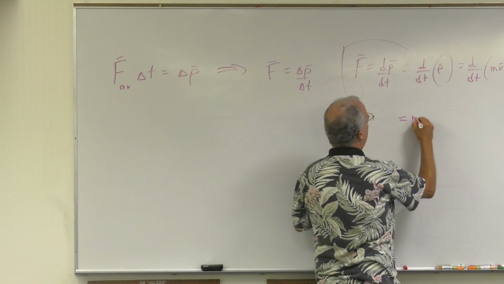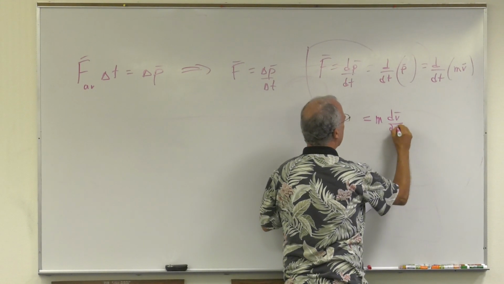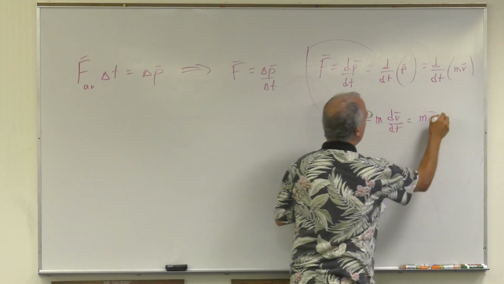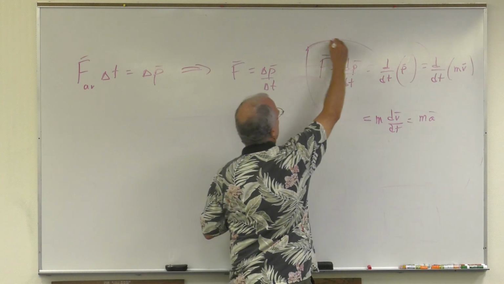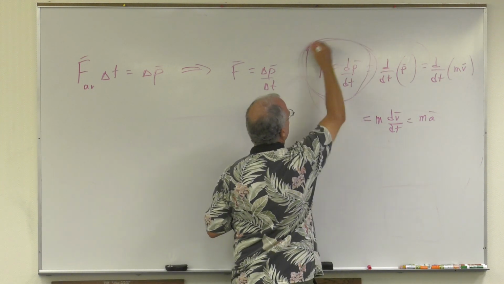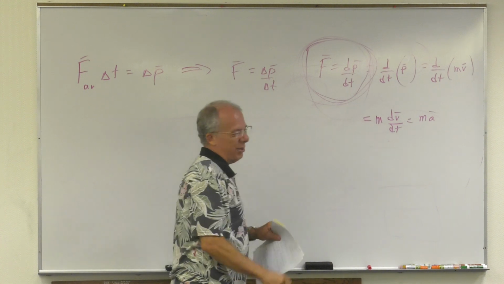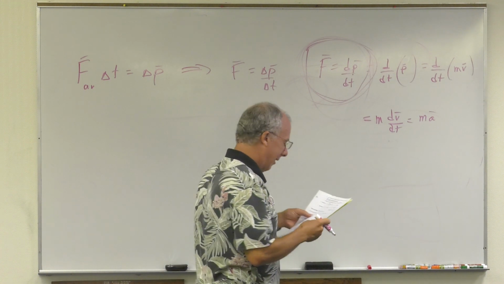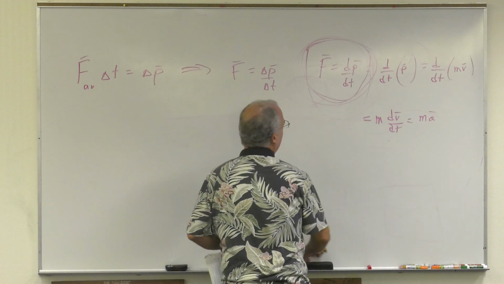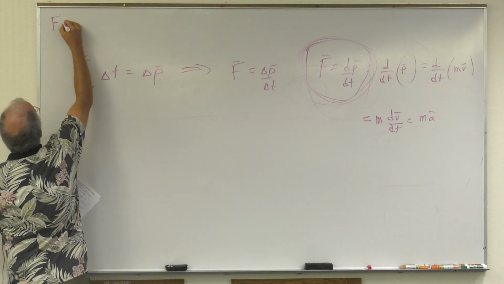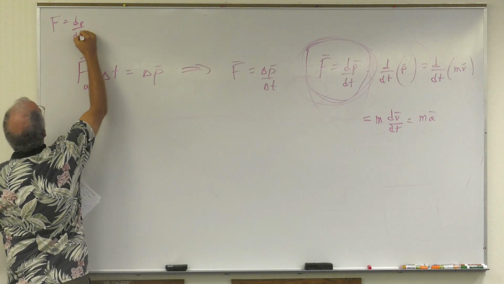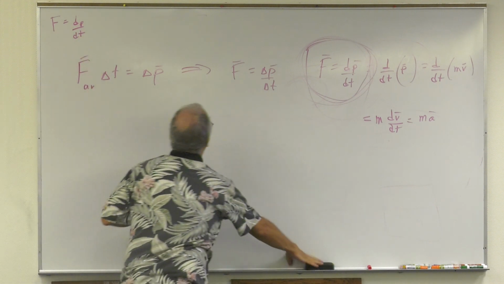That's the same thing as mass dv dt, which is ma. Woohoo! But all I'm saying is that when Newton wrote it, he wrote F equals dP dt. That's really the best way to write it. It really is. So remember that: F equals dP dt.